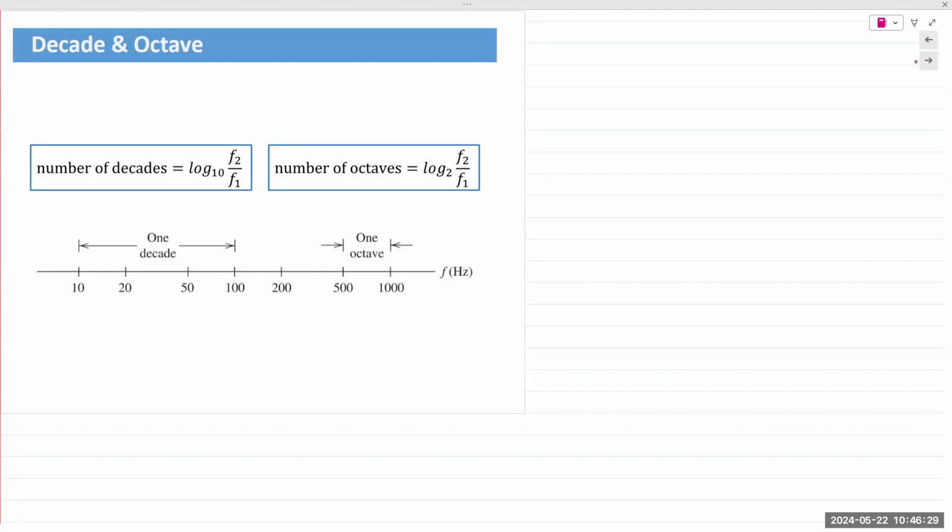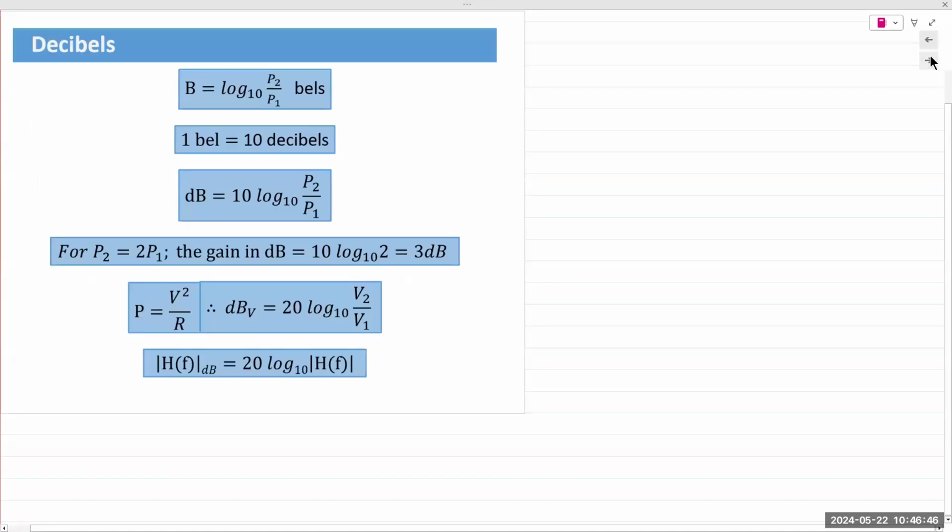That is 1 octave of frequencies. So you're compressing the x-axis by taking the log. The y-axis is compressed by coming up with a new unit. Named after? Who do you think it's named after?